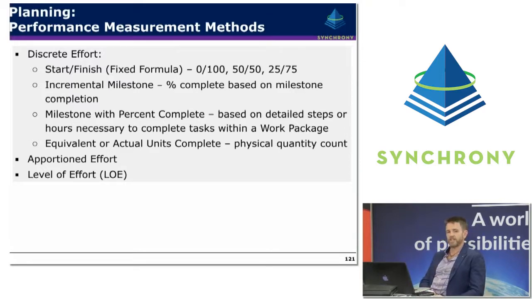A level of effort is fairly similar. Once again, it's for support activity, but it tends to be used for time-based activities. So it might be a project management office or something like that, where you can fairly predictably predict over time what their effort is going to be or what their resourcing requirements are going to be, and it's fairly independent of the amount of work that might be happening elsewhere on the project.